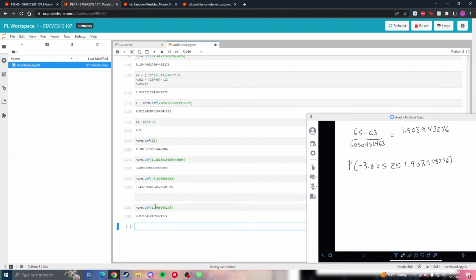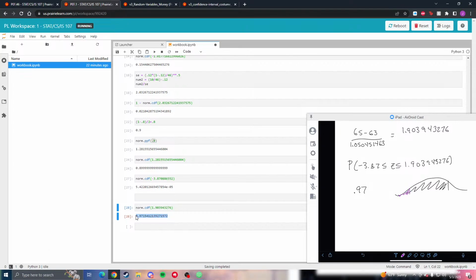So if we take the 0.97 that we calculated here, that's going to be all of this right here. And then if we take that 5 times 10 to the negative fifth, that's going to be all this data here.